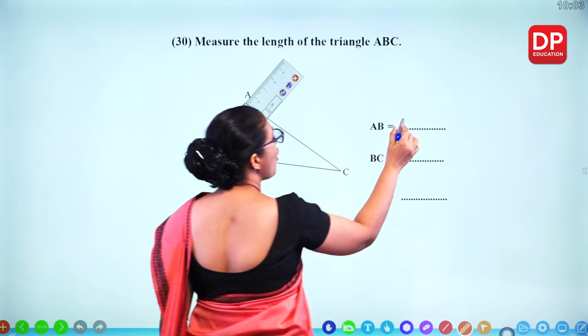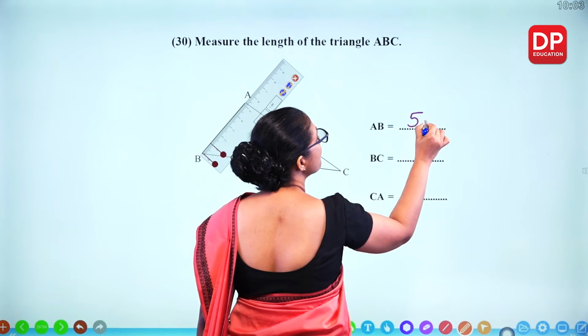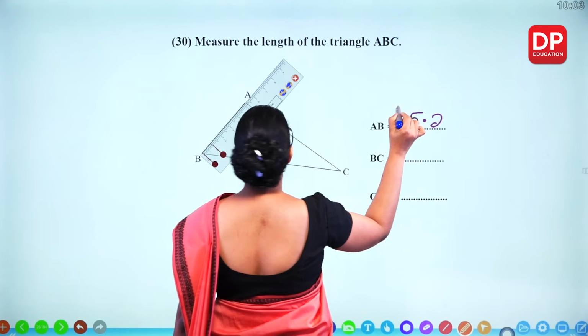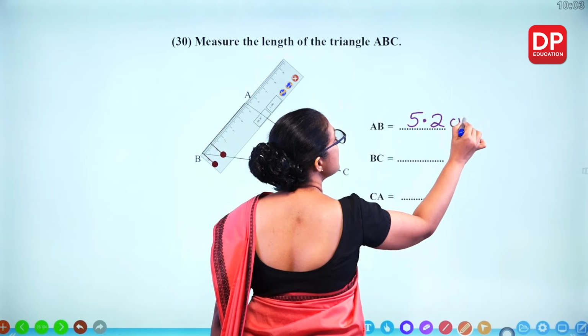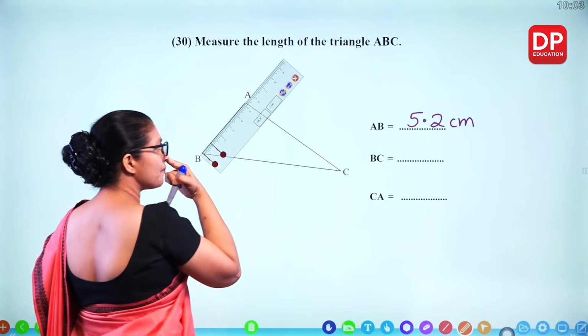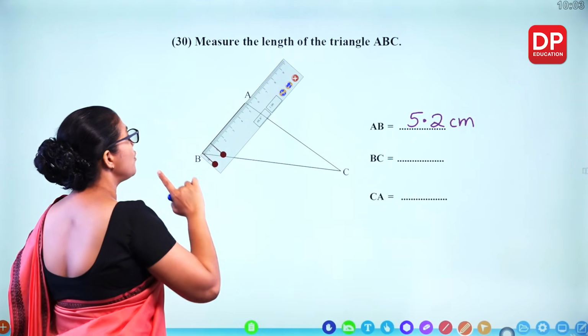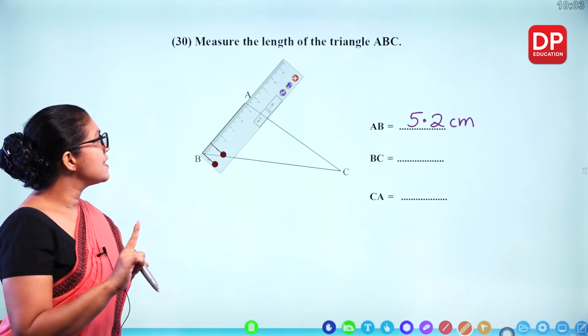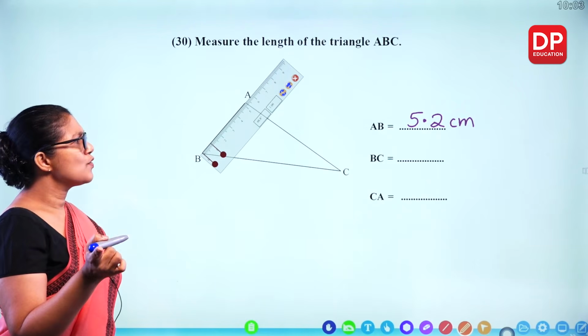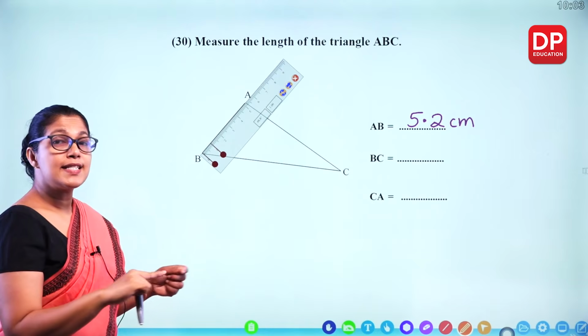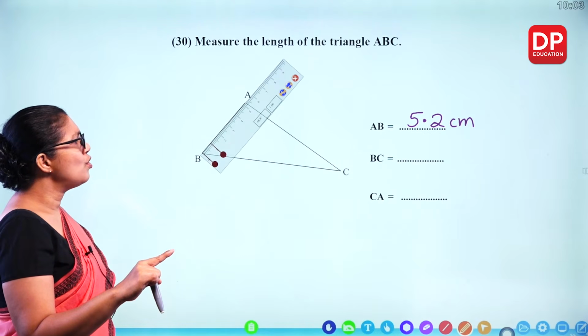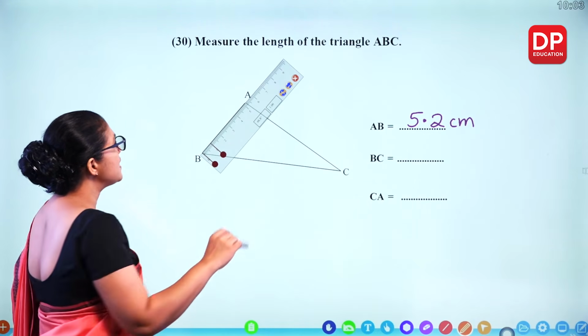So 5.2 centimeters. Or you can write 5 centimeters and 2 millimeters as well. But if you are writing in centimeters, 5.2 centimeters. BC.